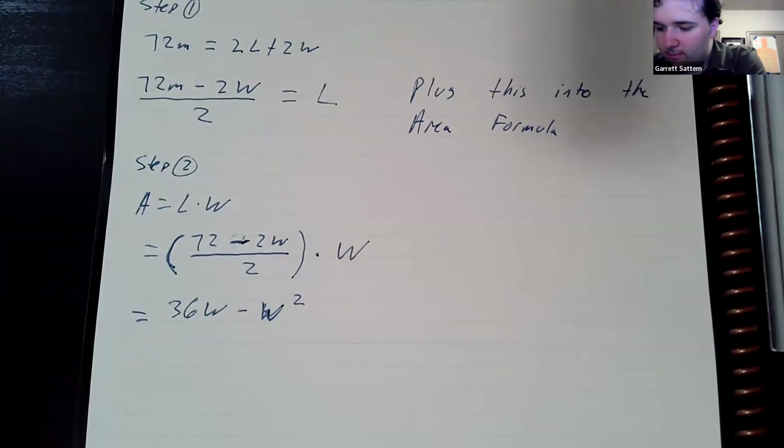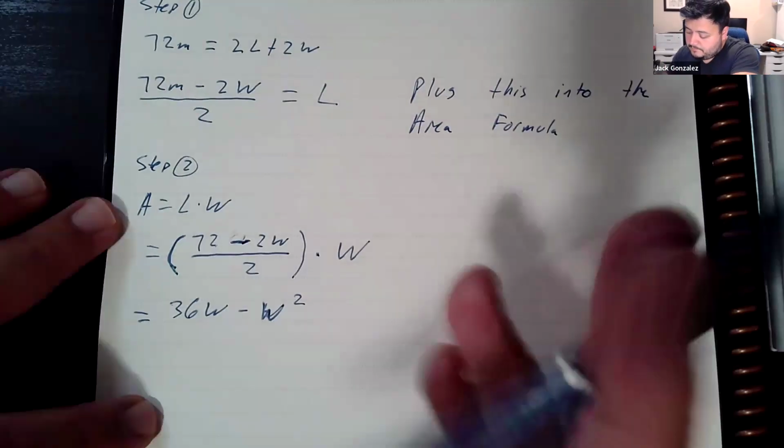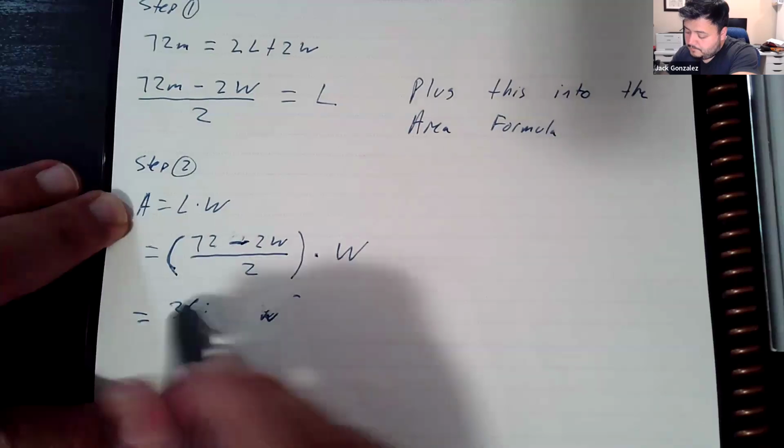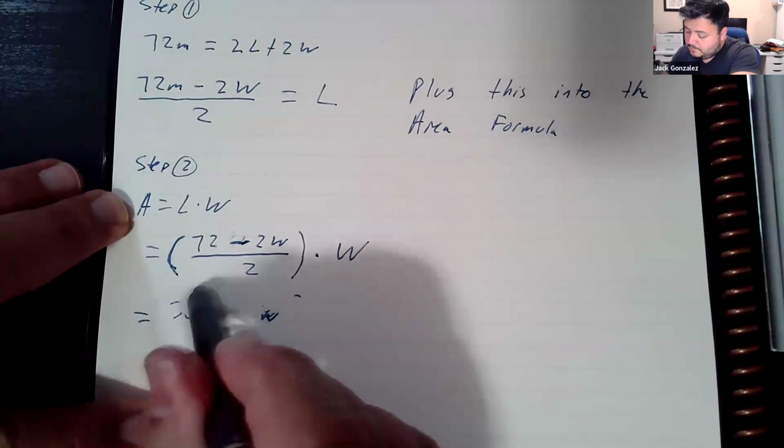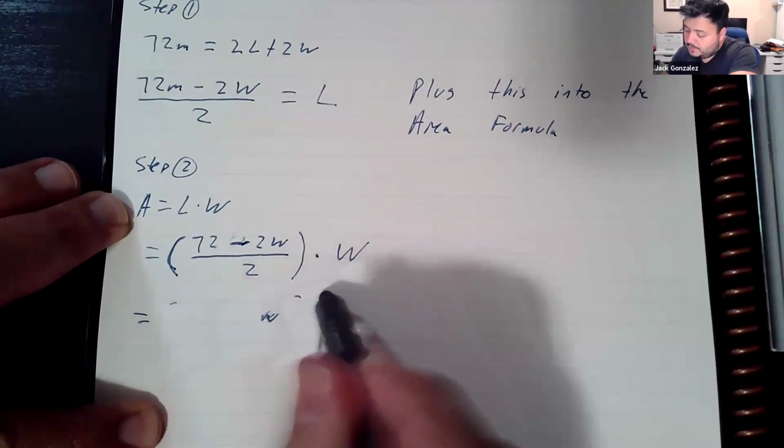Yes. Can you explain the W squared? Why is it W squared? Okay, let's show some steps. First step, divide everything by 2.